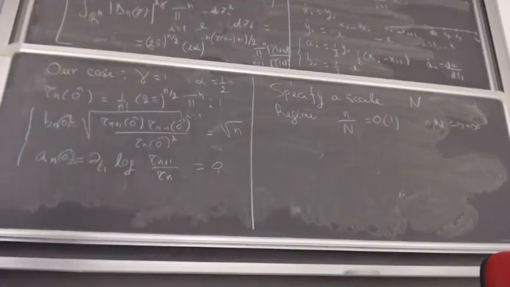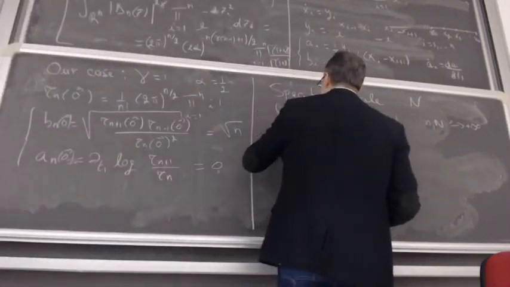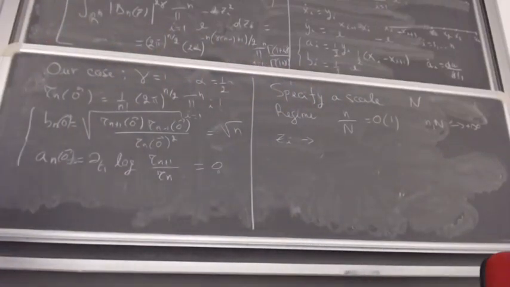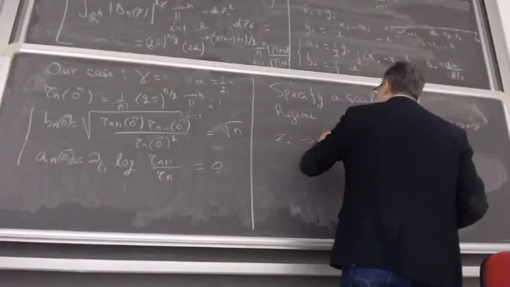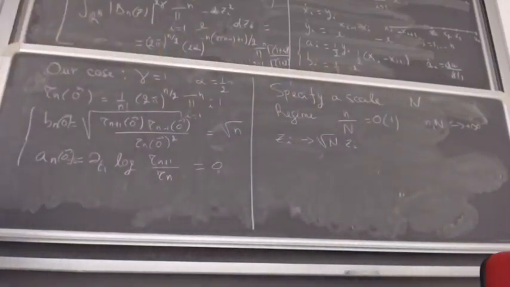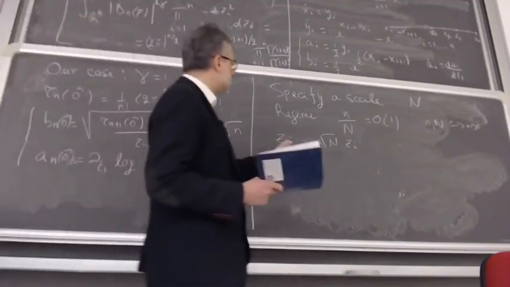How do we use this scale? We introduce this scale to rescale the variables at play in the partition function. What are these variables? We have zi, and in order not to overcomplicate the notation, instead of redefining the zi, I will replace it with its rescaled version, square root of n zi. So in my formula for the tau function, I will replace zi with square root of n zi.